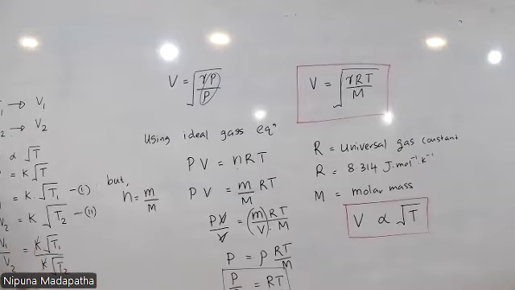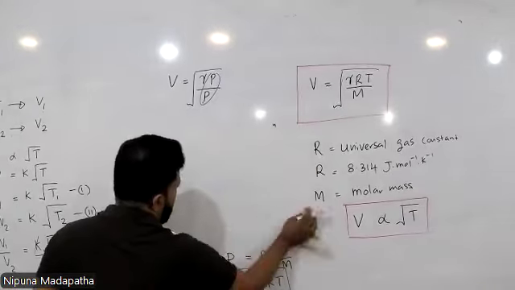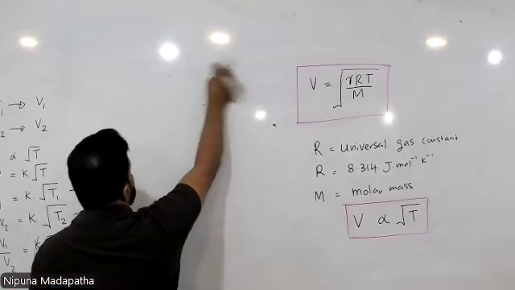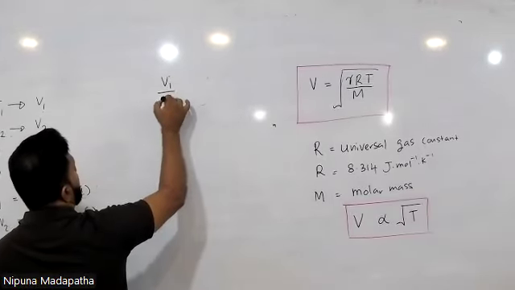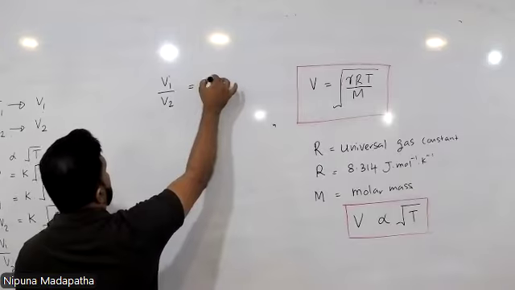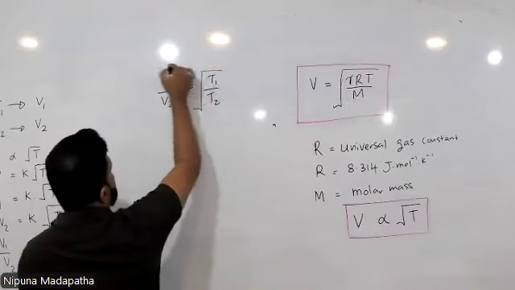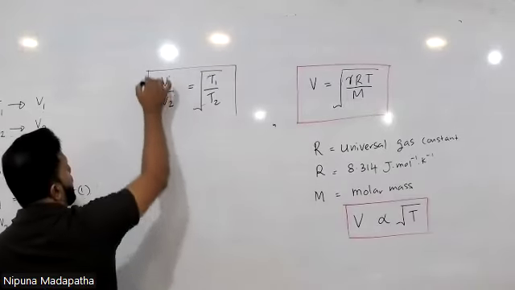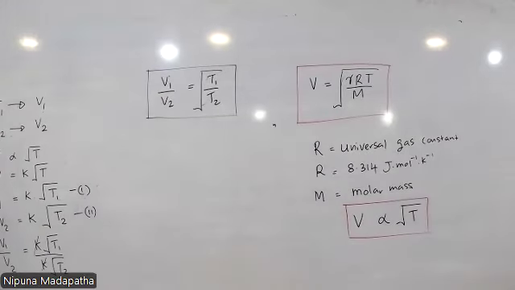We can cancel this constant K. Then finally we have an expression relating V1 and V2 with the absolute temperatures T1 and T2. Here is the final expression. For the same gas at two temperatures, we get the ratio of the speed of sound.